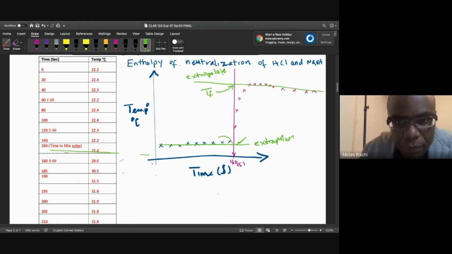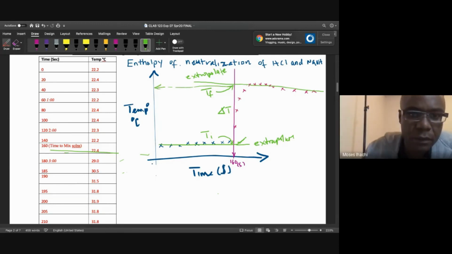Where they're crossing, TI. The difference between TF and TI will give you delta T. You just have to read the value on the y-axis. And then TI will be somewhere here. So the difference between the two will be delta T, change in temperature.